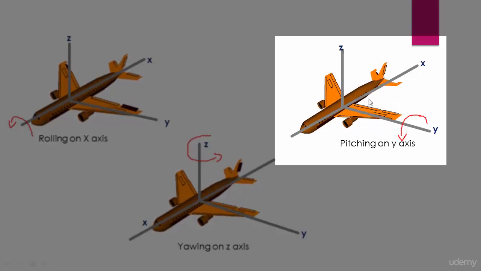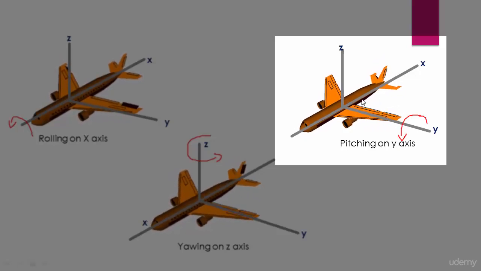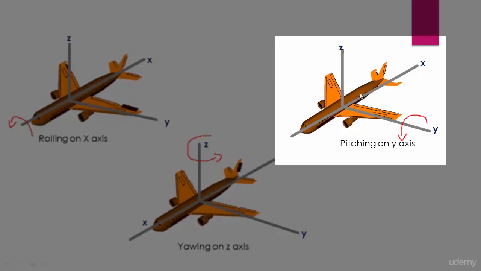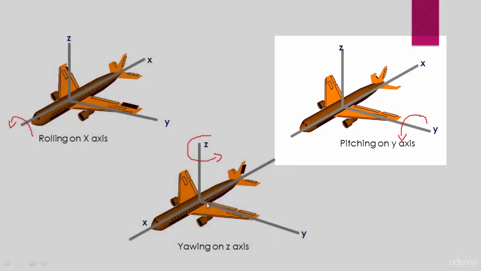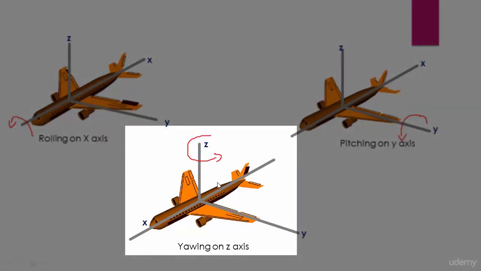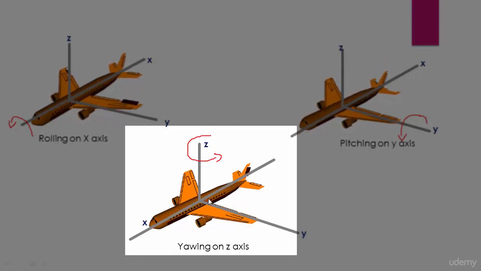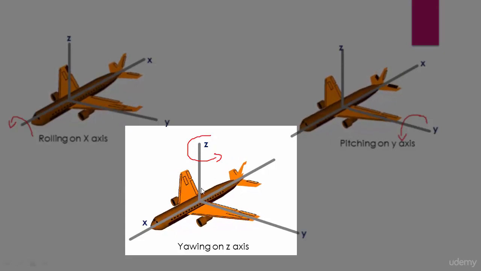So this picture gives the impression that the airplane is trying to rotate on the y-axis. Similarly this is yaw, that is the airplane's nose is going left and right, which gives the impression that it tries to rotate over the z-axis.